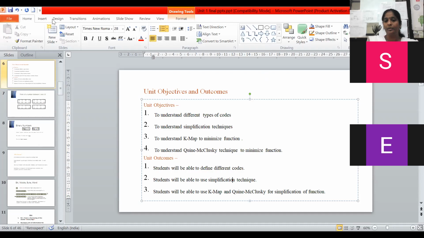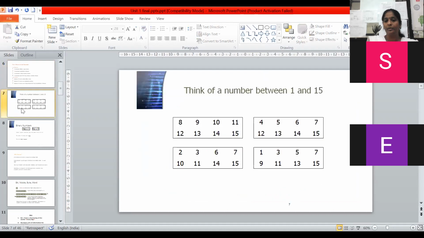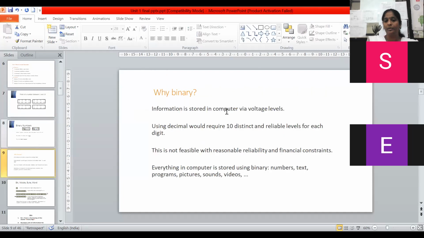Okay, it's a very small chapter. Then what do you mean by digital? I have given an example. Think about any number between 1 and 15. Remember one number. Then these are the 15 numbers, and I am supposed to remember among the 15 numbers. But what happens in digital? In digital, there is a question of only yes or no, 1 and 0. Only two things are available, so I have to remember only 0 and 1.